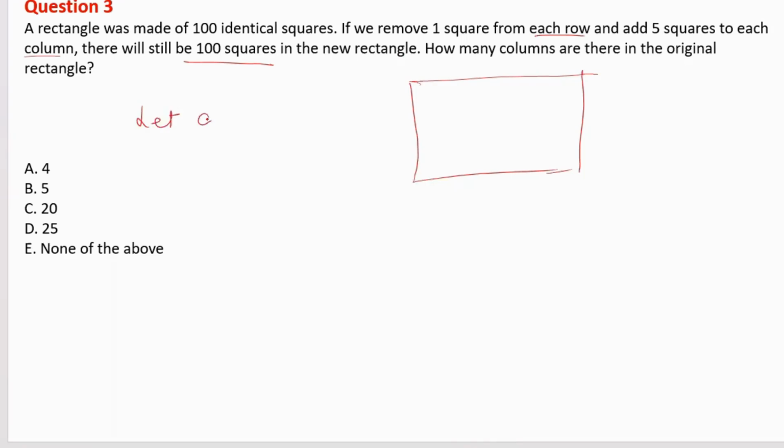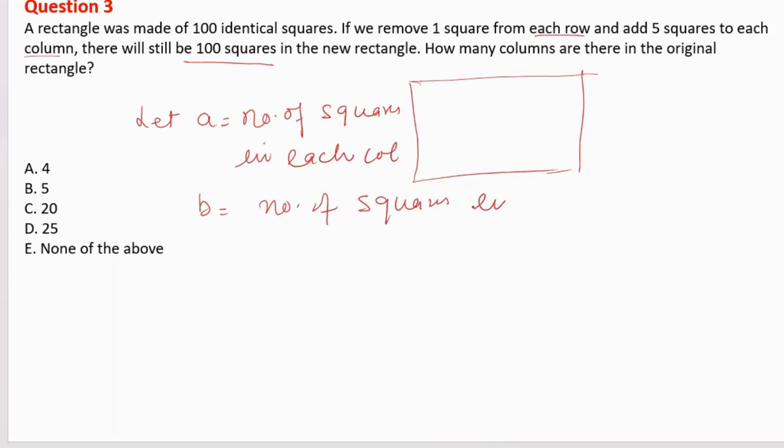Let A be the number of squares in each column and B the number of squares in each row. A rectangle means length multiplied by breadth, so obviously A into B, and in that case 100 will be my answer.